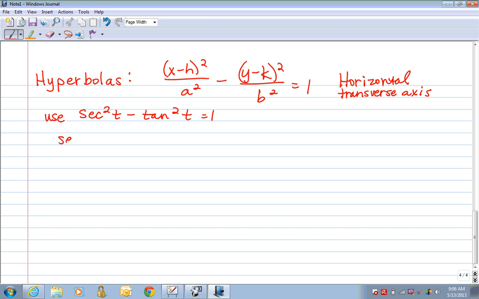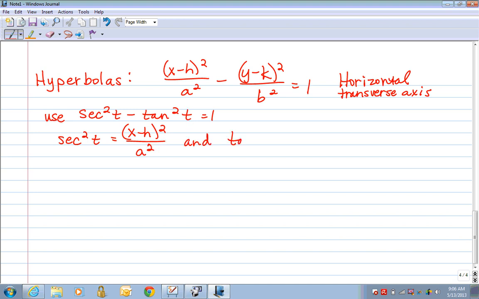So if I take this first fraction, which is the positive fraction in front, that's the secant squared t, which is the x minus h squared over a squared.